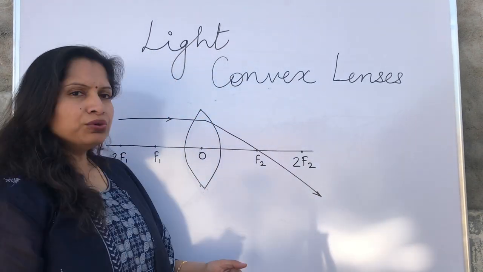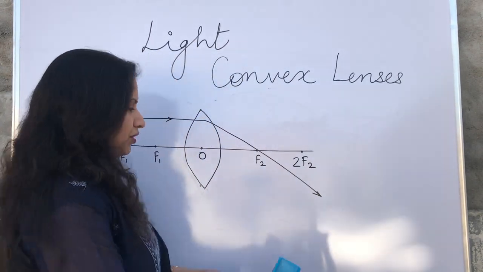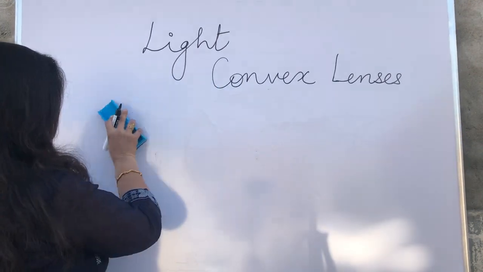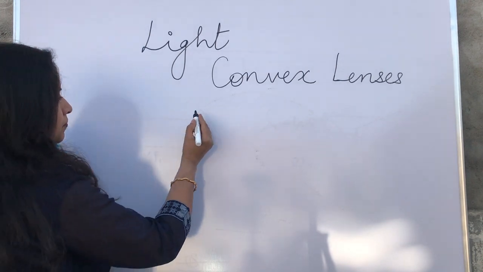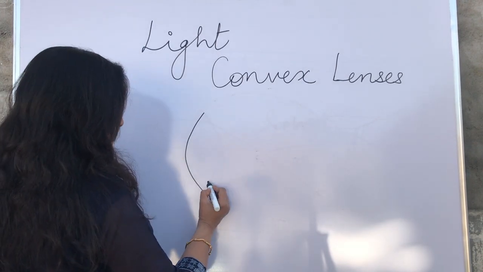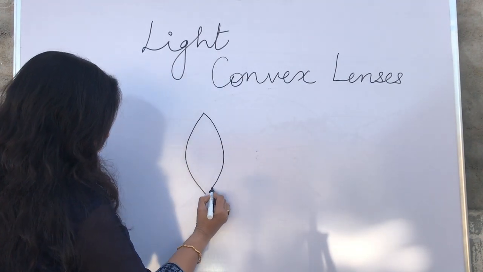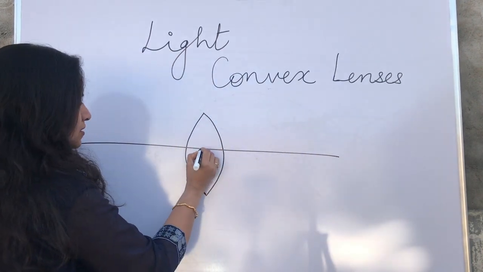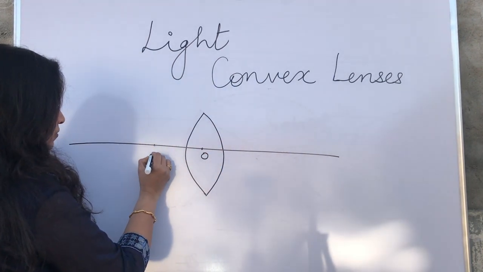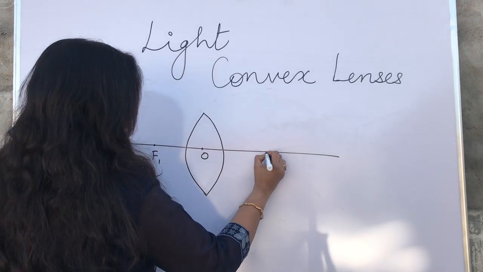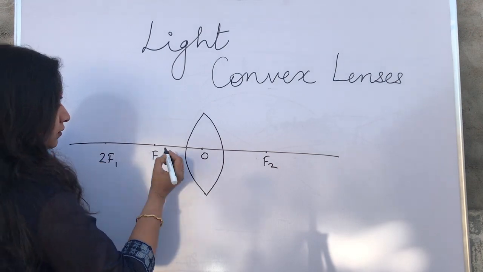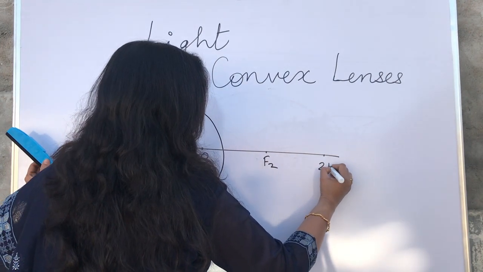Now the second rule is just the opposite of the first one. Very easy to memorize. So what is it? Here again we have the principal axis, optical center, f1, f2, 2f1, 2f2.